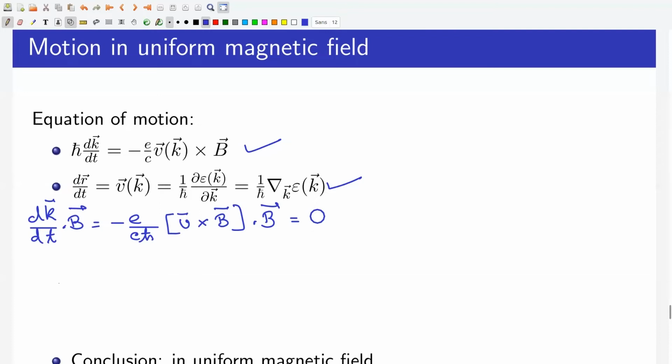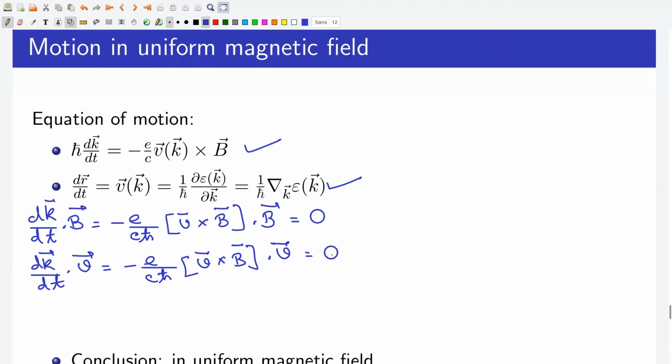Next, we calculate dk/dt dot v, where v is the velocity. This is equal to 0.